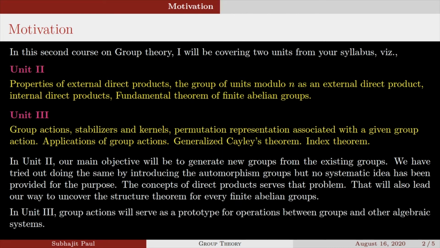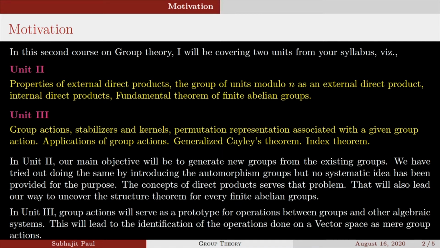In unit 3, in the third unit, group actions will serve as a prototype for operations between groups and other algebraic systems. This will lead to the identification of the operations done on a vector space as mere group actions.